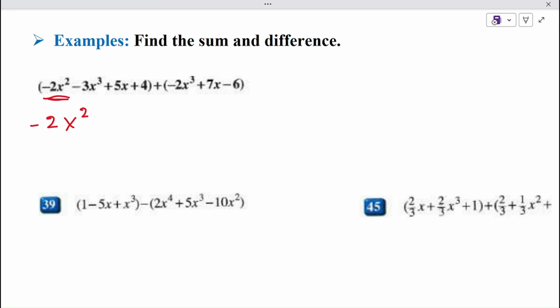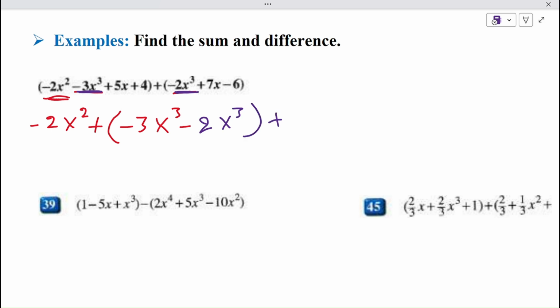Okay, what about x to the power 3? Yeah, we have it. Minus 3x to the power 3 and minus x to the power 3. Look here. So combine like terms: minus x to the power 3 minus 2x to the power 3.